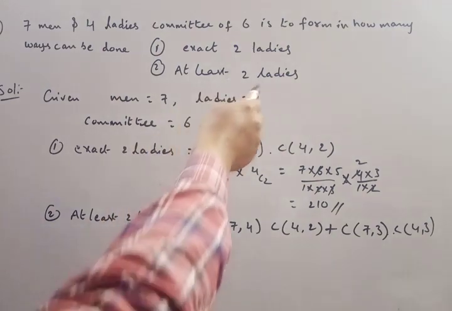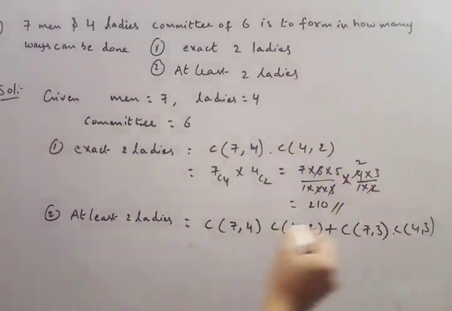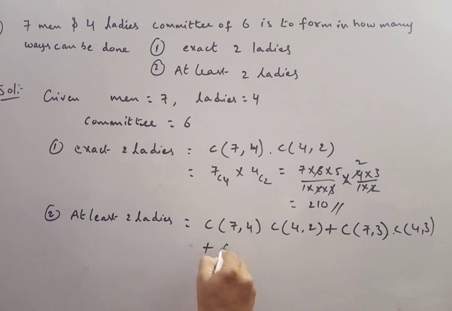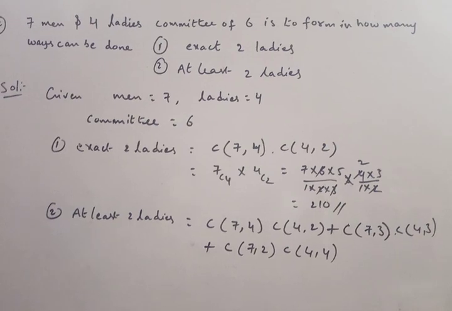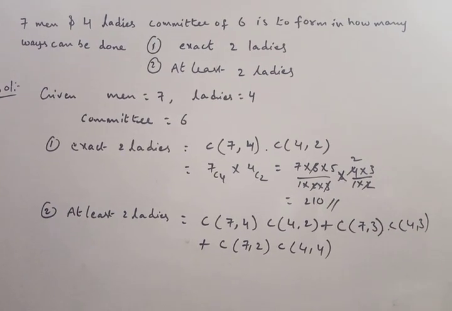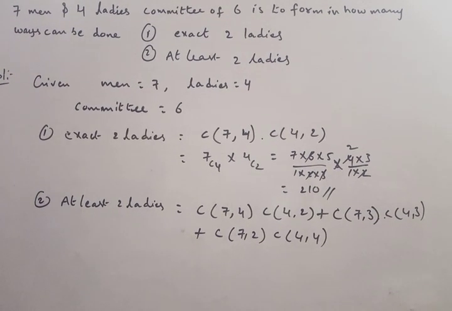At least 2, maximum 4 also we can take. This is one case, plus the next case, 7 men are 2 and women, how many can we take? 4 out of 4 also we can take, correct? This is the case for at least 2 ladies in the committee, okay?